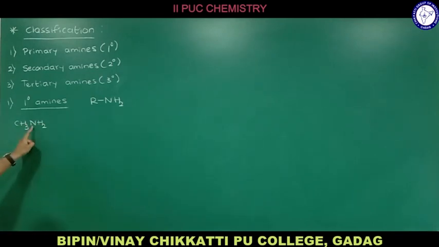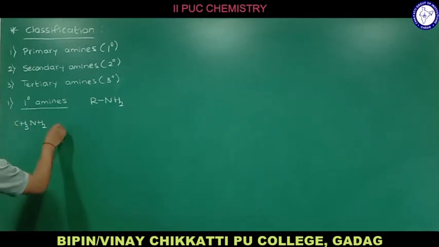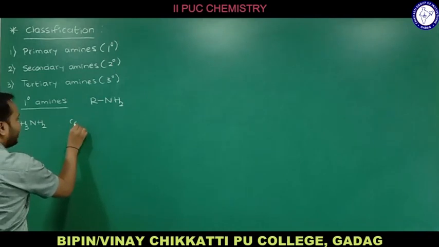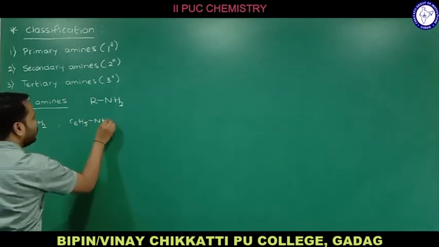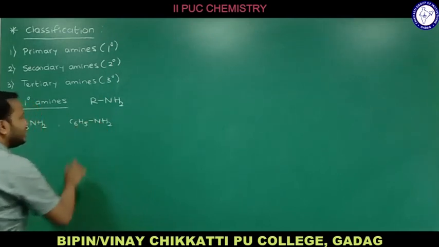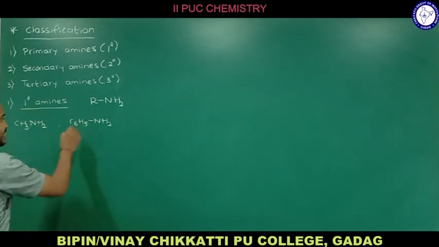If you observe here, we have 2 hydrogens, meaning one hydrogen of ammonia is replaced with this methyl group. Therefore CH3NH2 belongs to primary amine, where CH3 is an alkyl, particularly methyl. And now I can consider this also, C6H5NH2. So one hydrogen is replaced by phenyl group C6H5, that is particularly aryl, you can say.